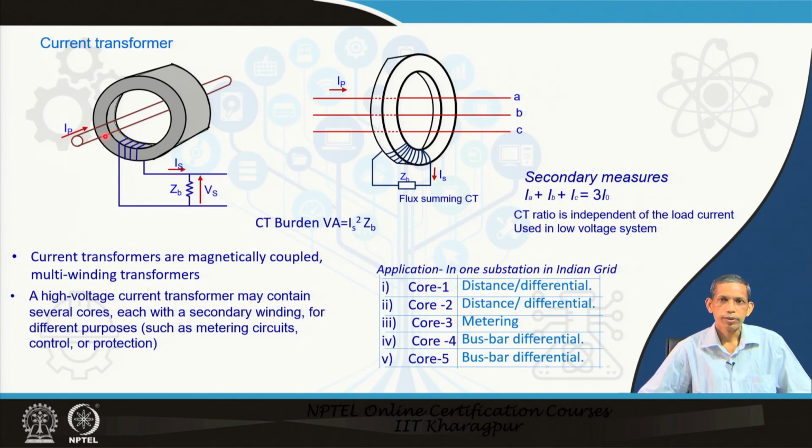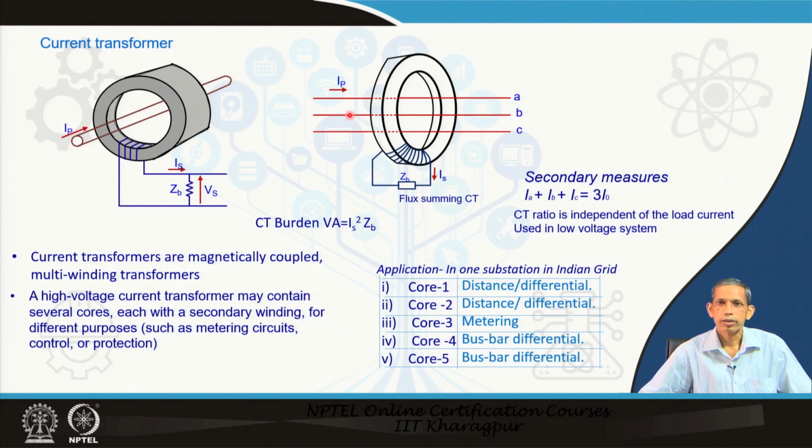You see here that we essentially require a large number of turns in the secondary. The reason behind that is the current has to be reduced, so the number of turns should accordingly be as many. Now, there is another type of current transformer we will see in industry. This is called flux sum intensity.